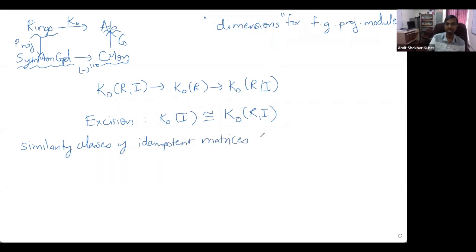They are in one-to-one correspondence with isomorphism classes of finitely generated projective modules. So idempotent matrices of finite size correspond to elements of K0, I mean, before doing the group completion.